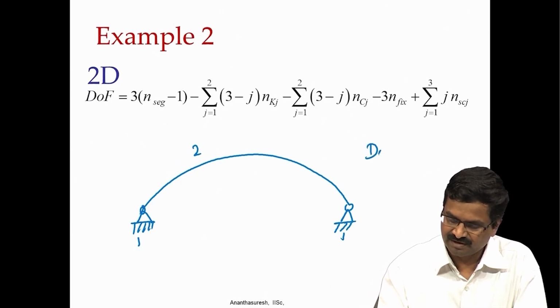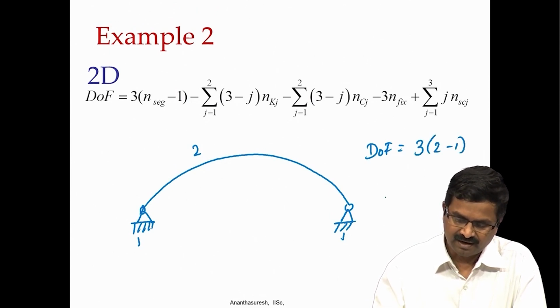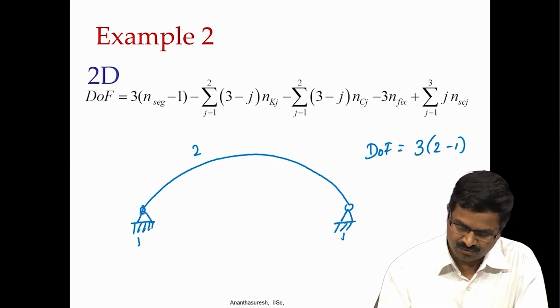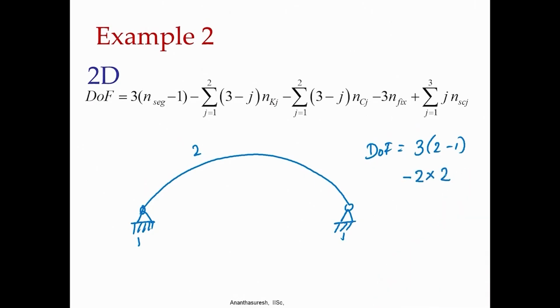So, degrees of freedom for this is 3 into 2 minus 1, and then we have kinematic joints, 2 of those, that will become 2 times 2. There are no fixed connections here and segment compliance. If I take this as segment compliance 3, that will become 3 times 1.